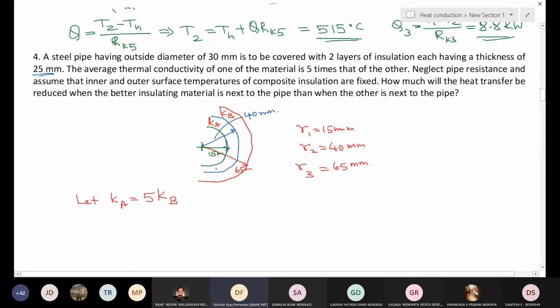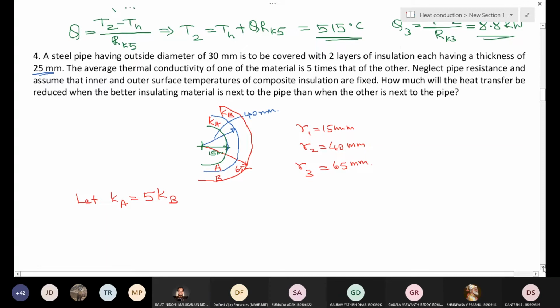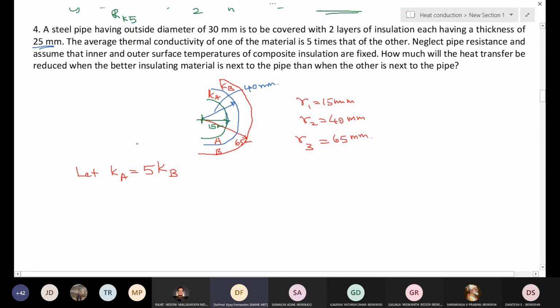So the inner material, now I have put, is A, outer material is B. Now tell me, which is better insulating material? Sir, B. B is better insulating material, whereas A is better conducting material.